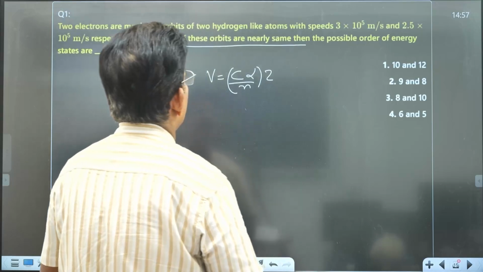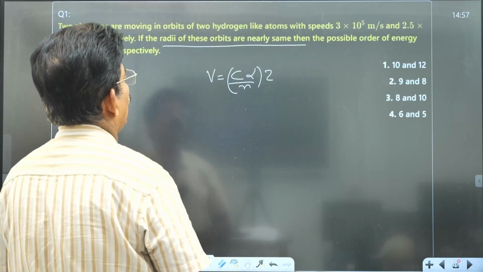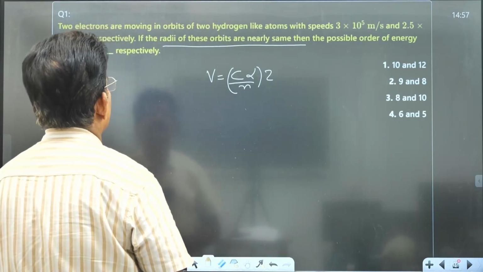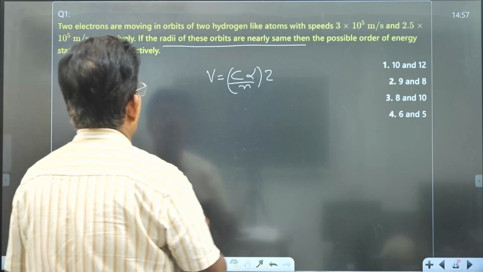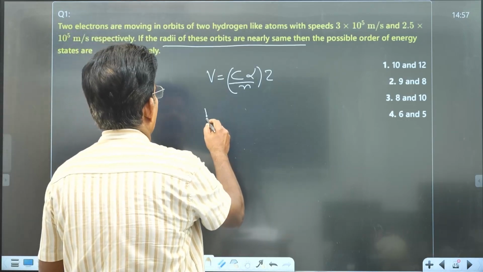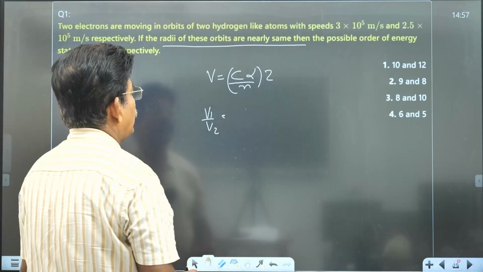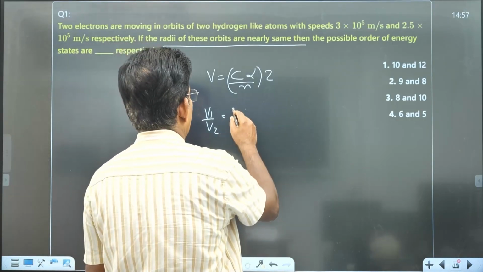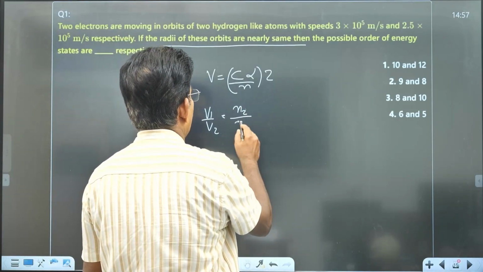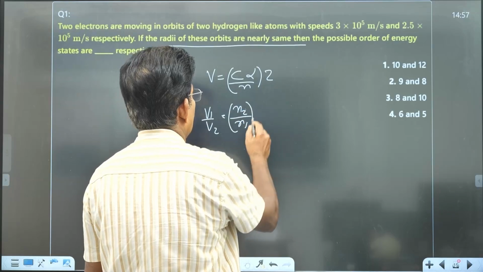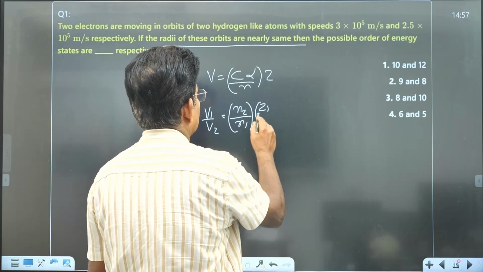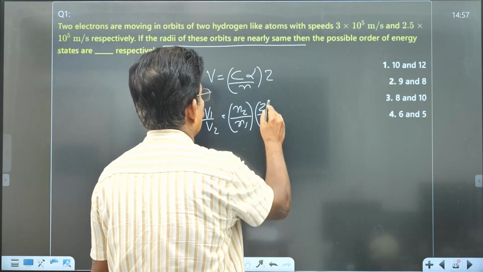Now here, two cases of velocities are given. So I can say V1 by V2, C alpha is a constant, will be N2 by N1 into Z1 by Z2.